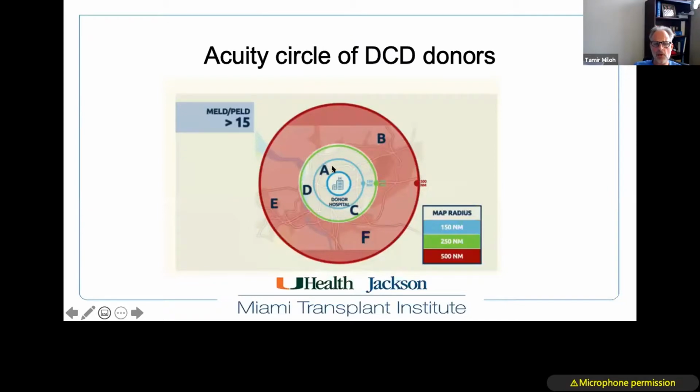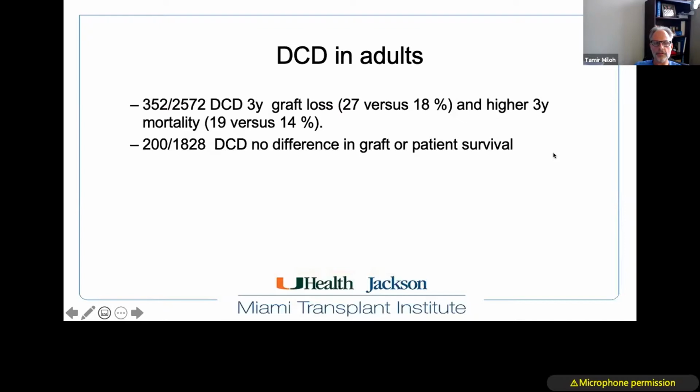Currently the allocation of a DCD goes by the distance from the donor hospital by nautical miles. And then you can see that there are smaller circles that go with patients who have a MELD or a PELD above 15. With more experience in adults, you can see that the data is a little bit ambiguous.